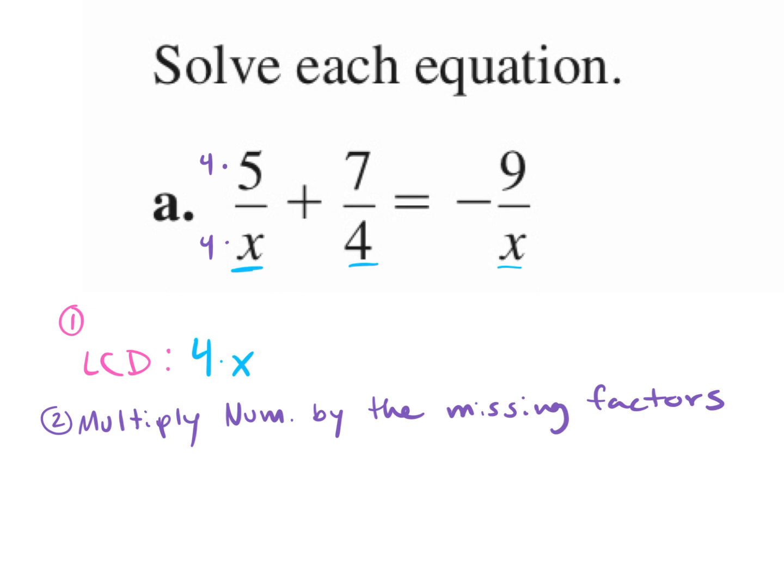For the second fraction here, my least common denominator is 4x. I already have a 4 in the denominator, so what's missing? X. So I'm going to multiply the top and the bottom here by x. And then for the third fraction, my least common denominator is 4x. I already have an x, so what's missing? So we'll multiply the top and the bottom by 4.